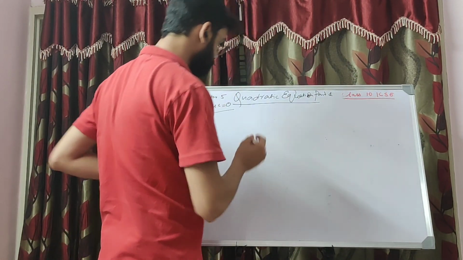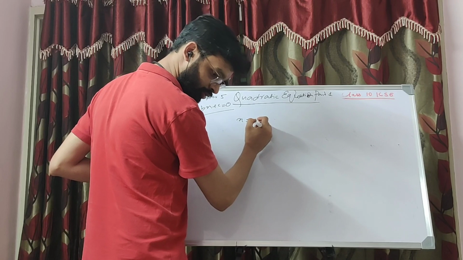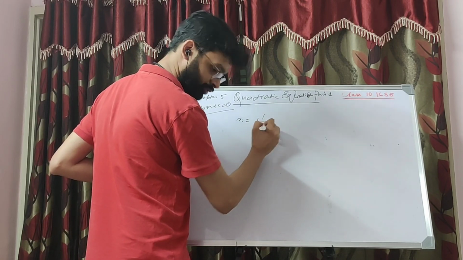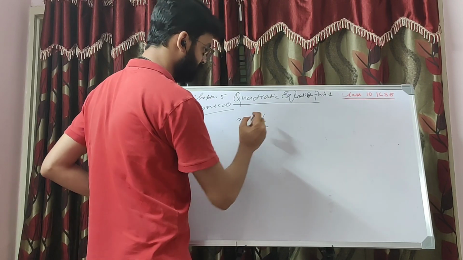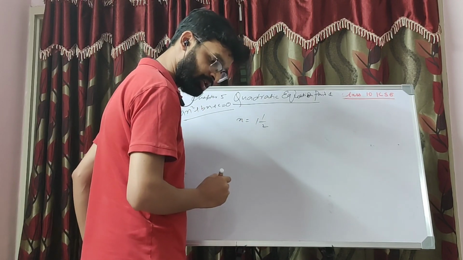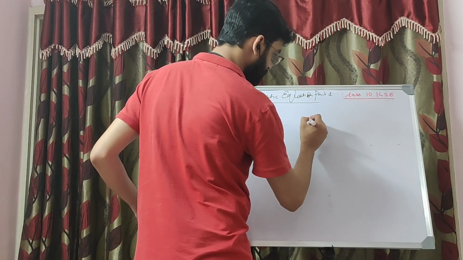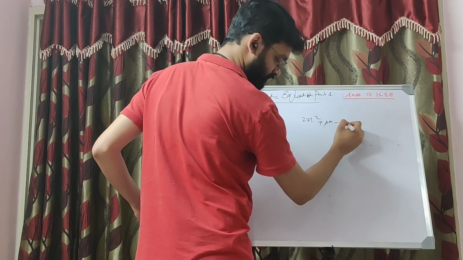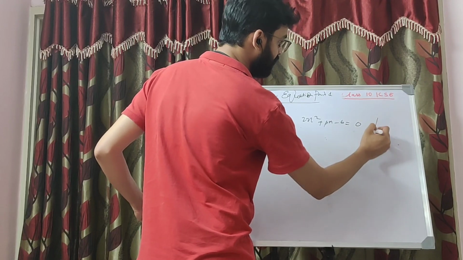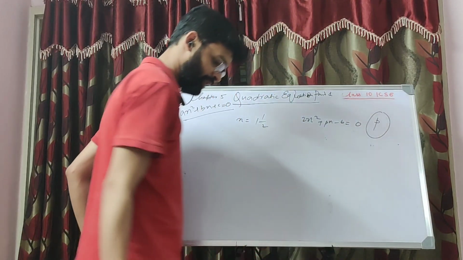Now see, if one question is given as x is equal to 3 by 2 is a solution of the equation, and that equation is 2x square plus px minus 6 is equal to 0, then they want the value of p.